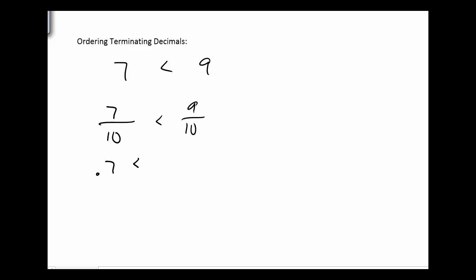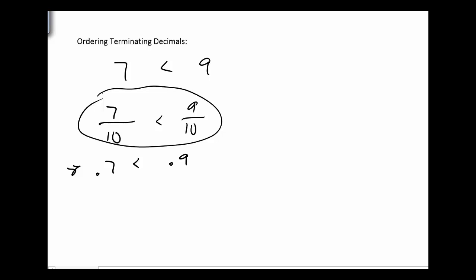Similarly, in decimal form, 0.7 is less than 0.9. This is our goal: if I give you two decimals, we want to be able to identify whether one is greater or smaller than the other. But notice the skill we're going to take advantage of is the fraction idea, something we've seen before, where I can compare fractions. If I can get my terminating decimal in an equivalent fraction form, then I'll know based on the numerator which one is bigger.